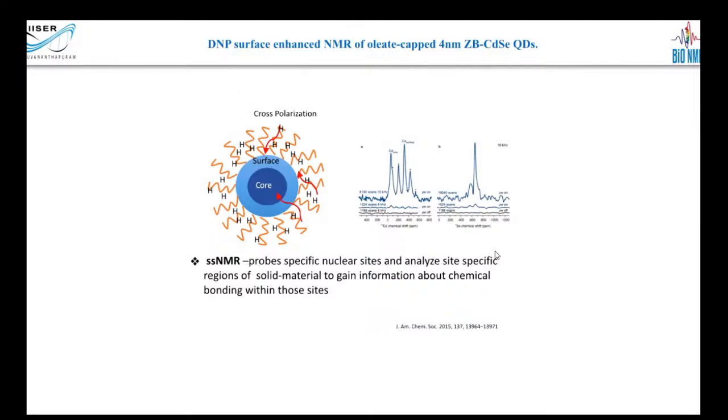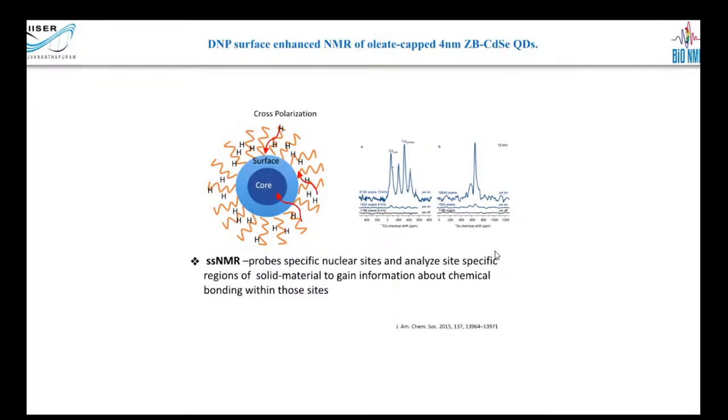Another important thing that has been studied is the cadmium selenide quantum dot, and this is done through DNP, dynamic nuclear polarization, where we use the sensitivity of the electrons. Paramagnetic electrons are introduced as a radical, and then that sensitivity of the electron is passed over to the cadmium or selenium here.